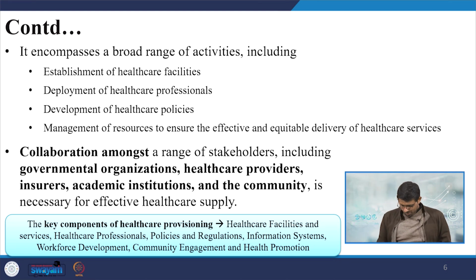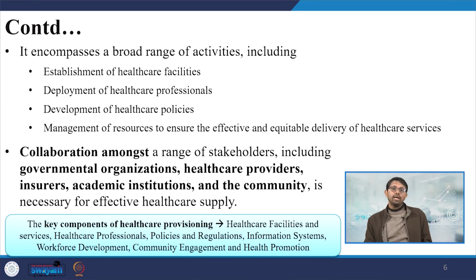One important thing to note is that collaboration amongst a range of stakeholders, including government organizations, healthcare providers, insurers, academic institutions and the community, is necessary for the effective provisioning of healthcare.